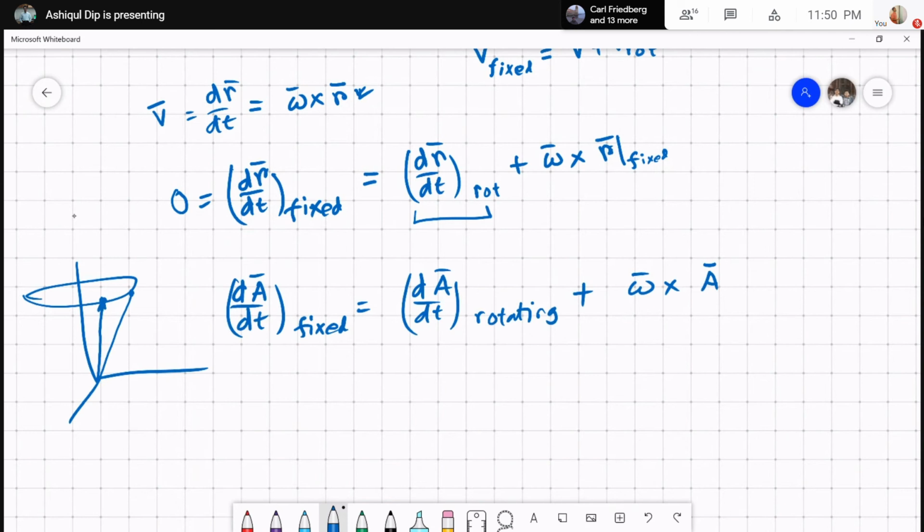Now, say you had any other vector there, like an electric field vector. When you rotate, the electric field vector should change accordingly, in a similar manner to r, right? Yeah, I got that. So that's why it's general for any vector.